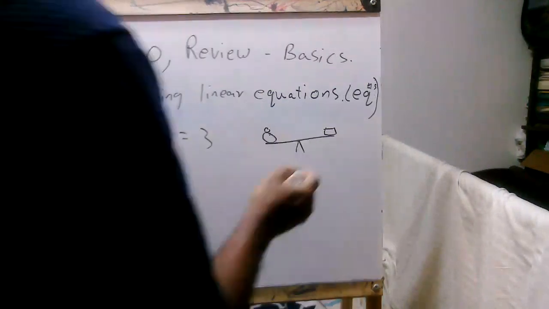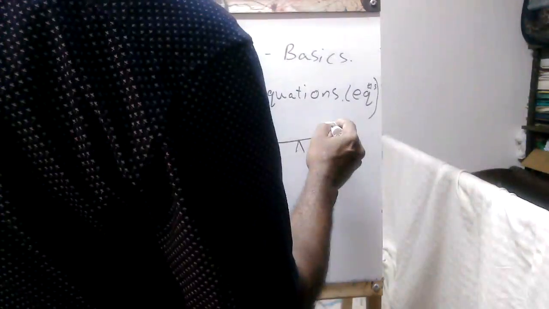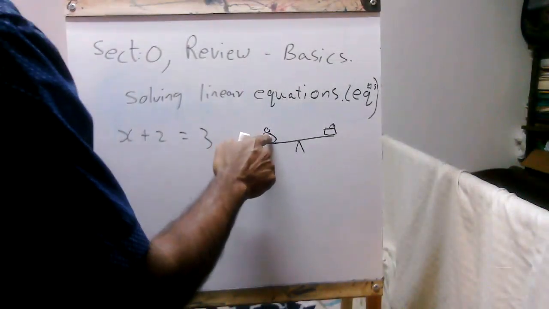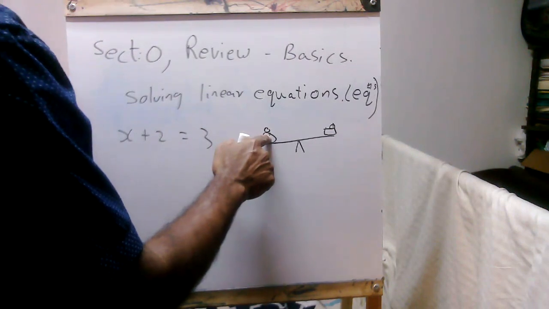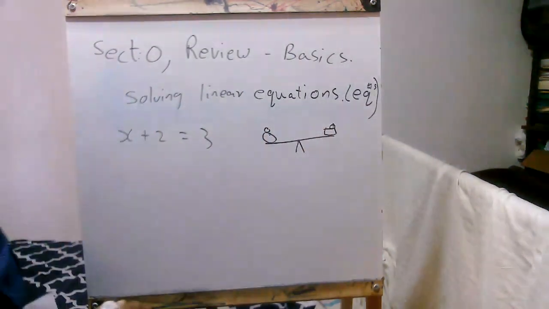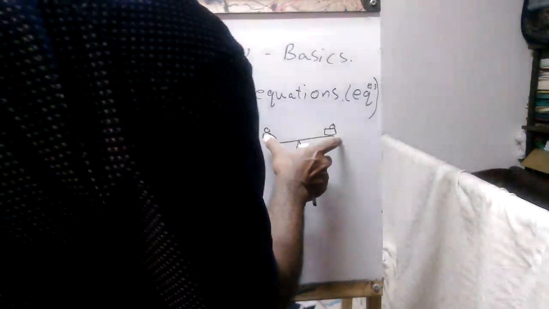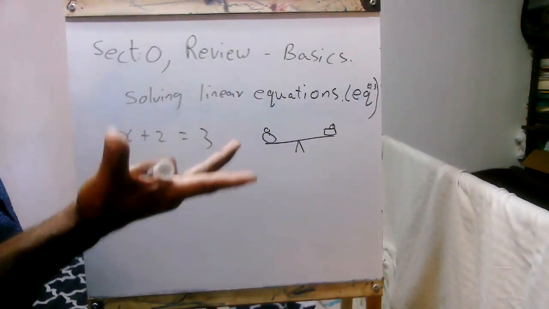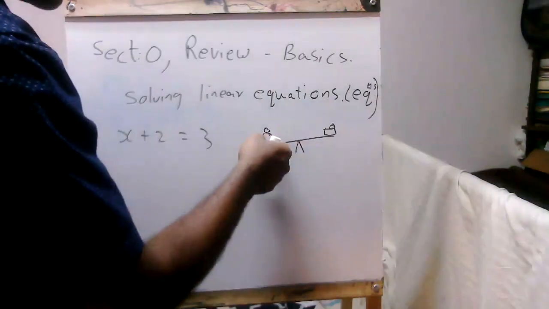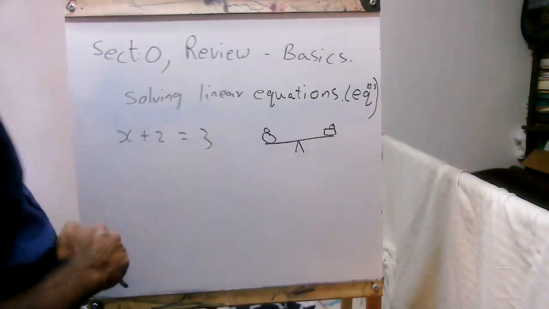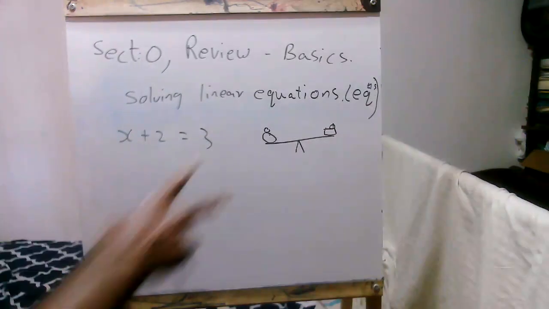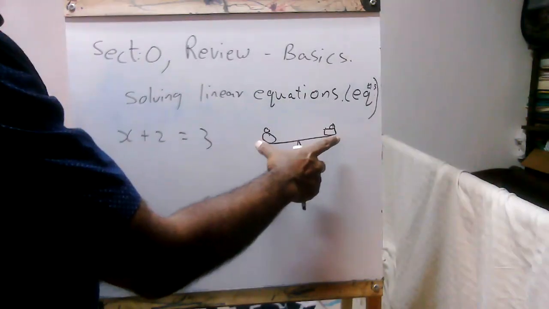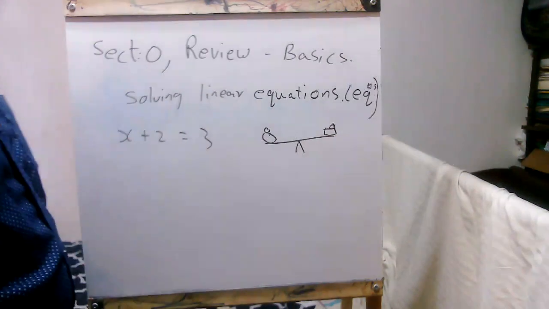To avoid that, you have to put the same amount on the other side. In the first figure, I drew a circle and a rectangle. What I mean is you have to put the same weight, maybe in a different shape.